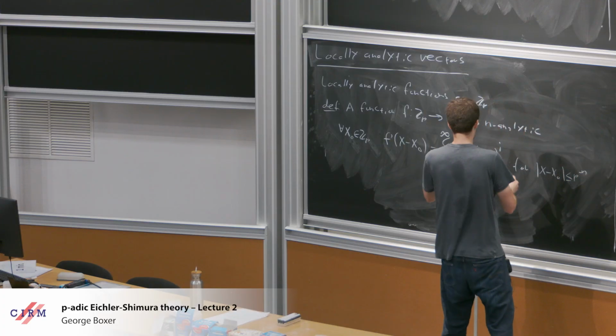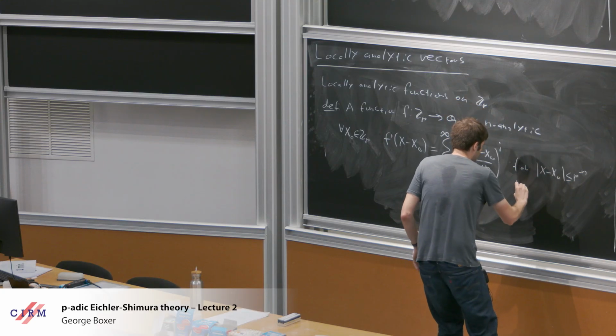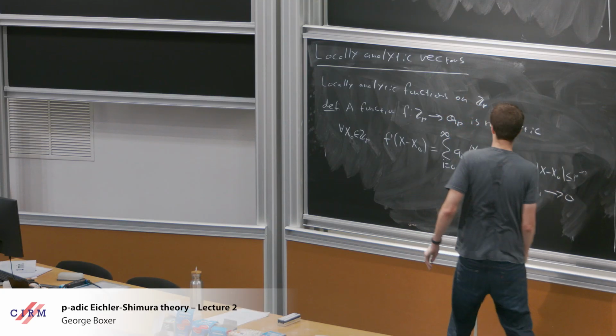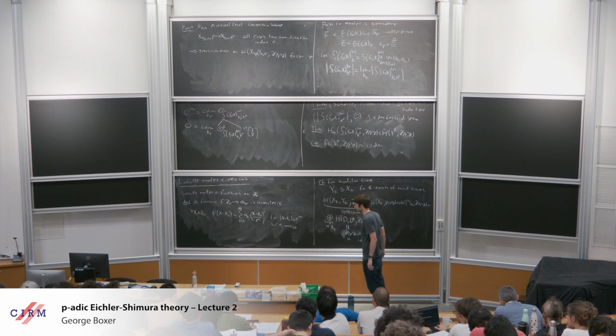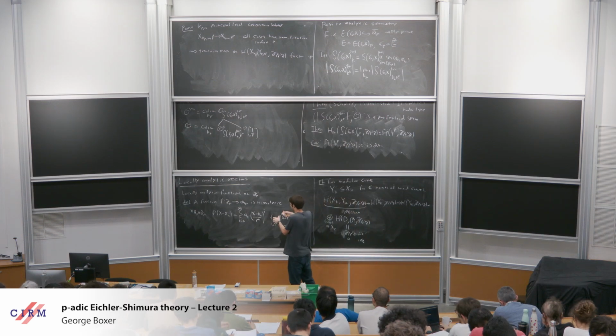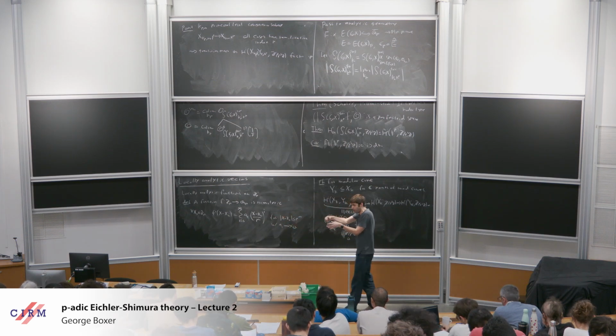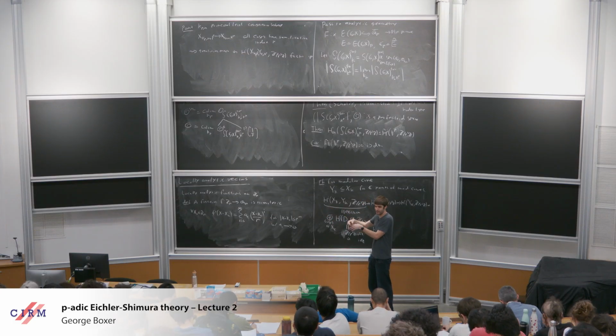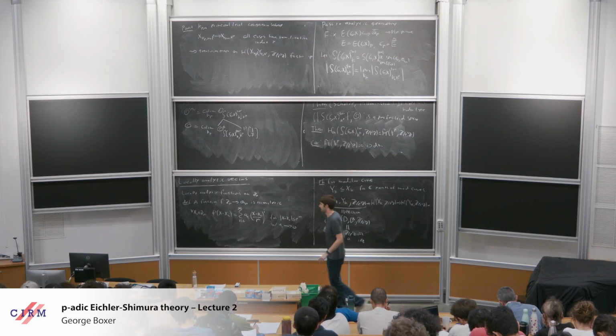And this is supposed to converge on that disk, so these coefficients a_i should tend to 0 p-adically. Okay, so n-analytic means that on every ball around a point of Z_p of radius p to the minus n, it's given by a power series converging on that ball.